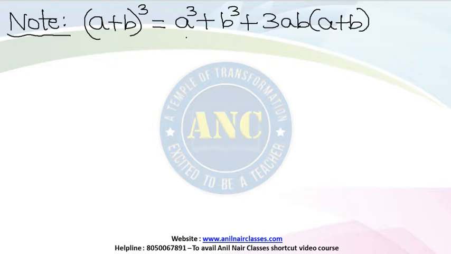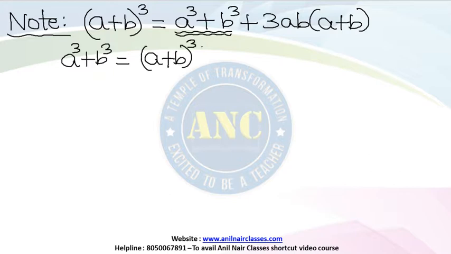Now, I want to keep a cube plus b cube on one of the sides, and the remaining terms I will shift to the other side. That means this becomes a plus b whole cube, and 3ab into a plus b, shifted to the other side, becomes minus 3ab into a plus b.